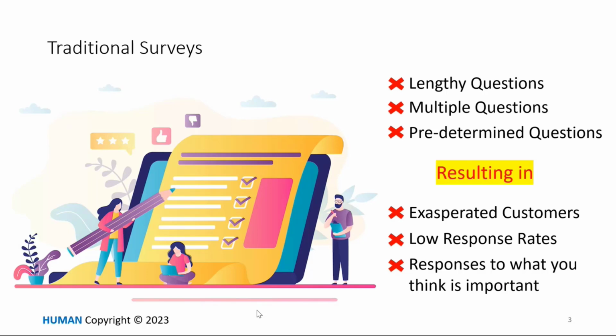So these lengthy, multiple, and predetermined questions usually resulted in exasperated customers, low response rates, people not doing the surveys at all, and responses to what the survey creator thought was important, not to what the survey taker thought was important.